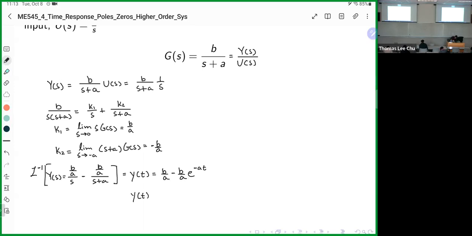So the output response is equal to B over A multiplied by 1 minus e to the negative AT.